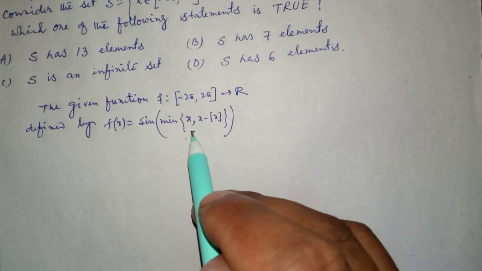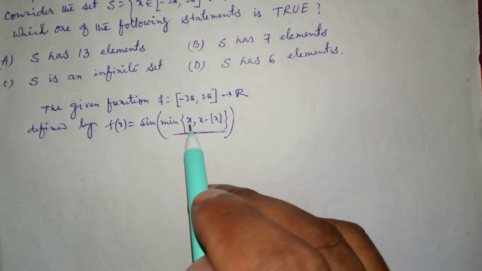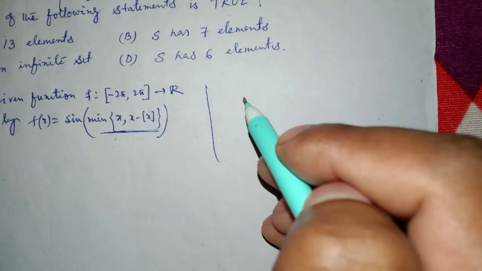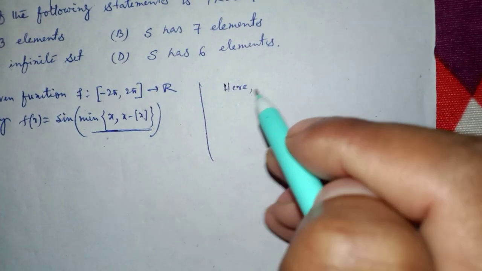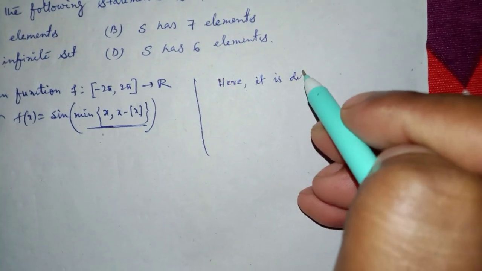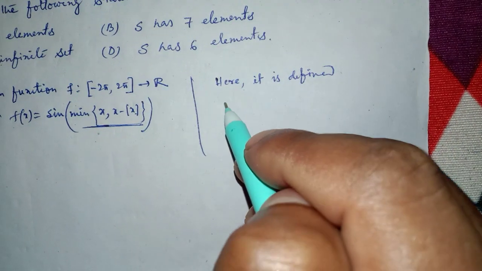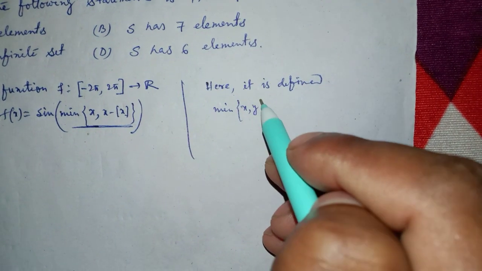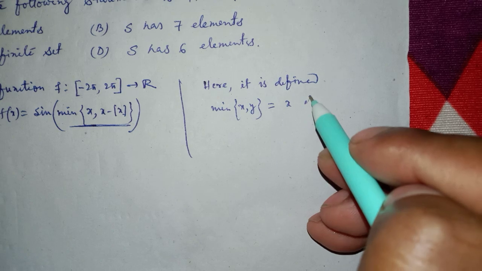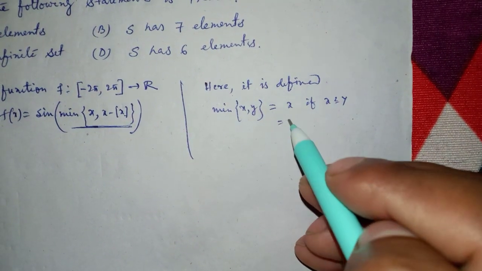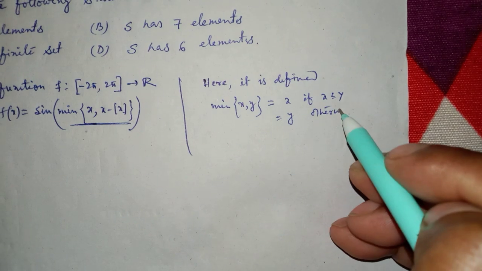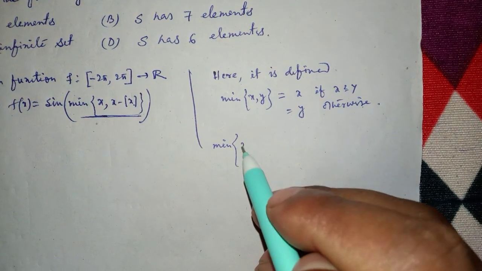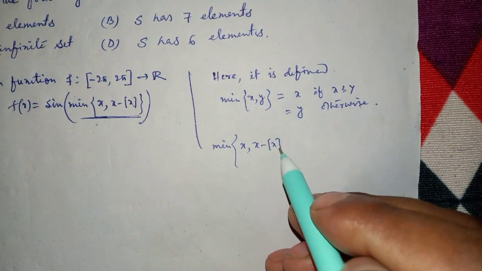So first we find out that portion, minimum of x comma x minus box x. Here it is defined that minimum of x comma y is equal to x if x less or equal to y and y otherwise. So from here we find out minimum of x comma x minus box x.